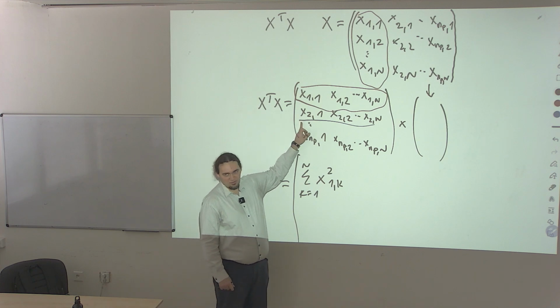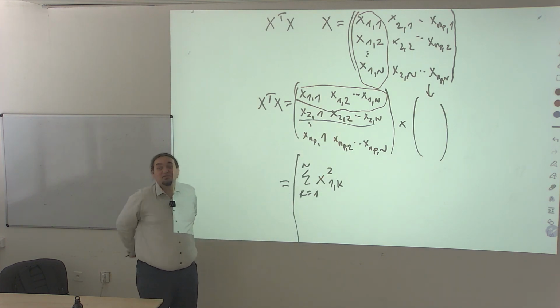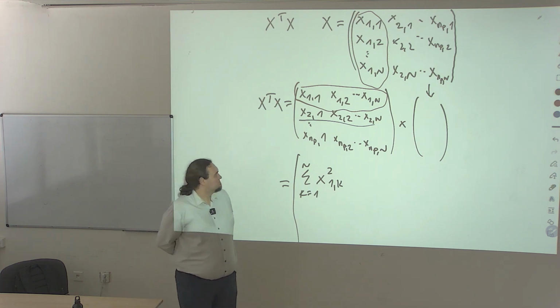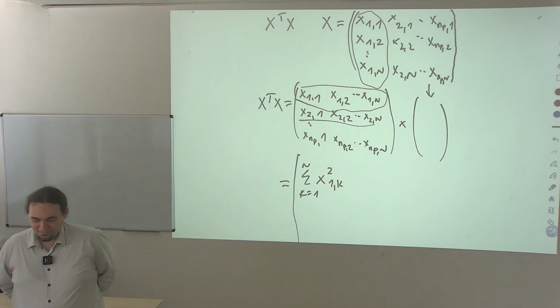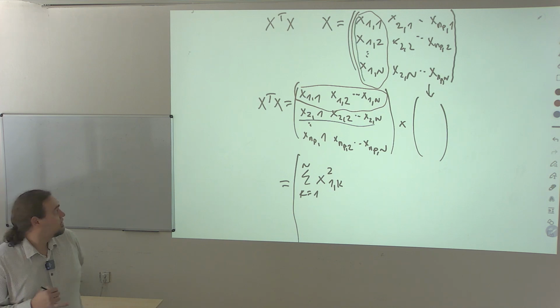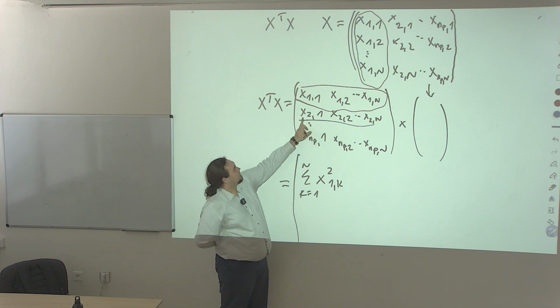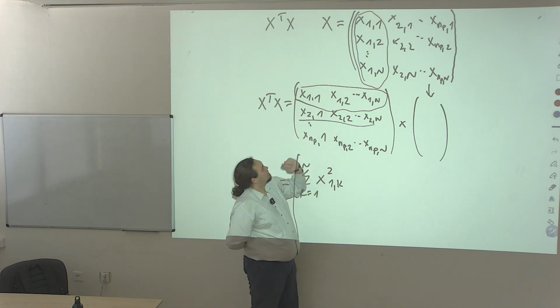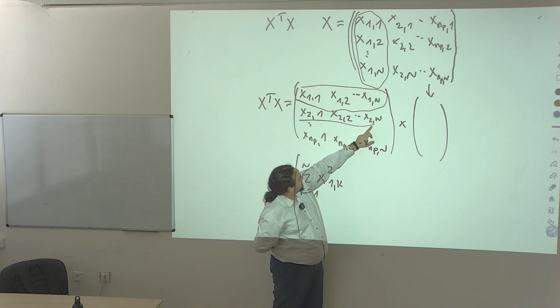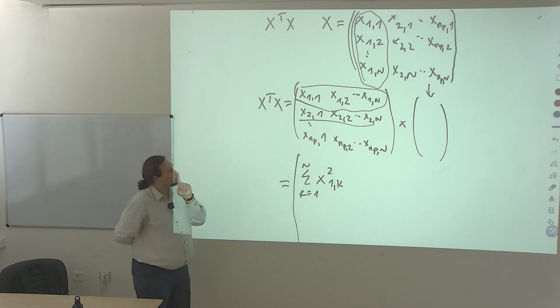So we take the second row from the first matrix, and we take still the first column from the second matrix. So this one still remains. What do we get? x21 times x11, x22 times x12, and x2N times x1N.